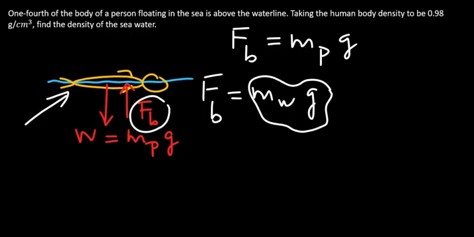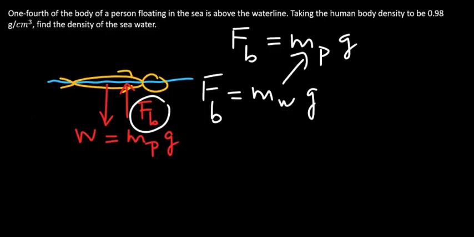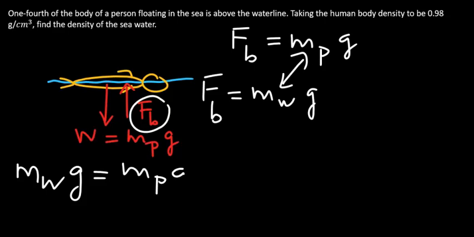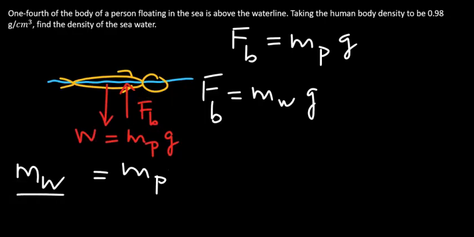So that is Archimedes' principle. So now let's equate these two terms. You get the weight of the water displaced equals the weight of the person. As you can see, g goes away, and the left-hand side represents the mass of the water displaced.